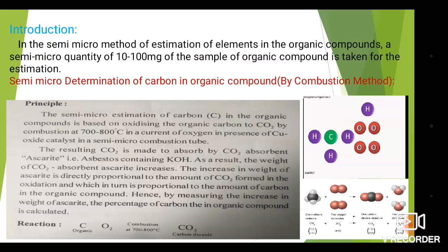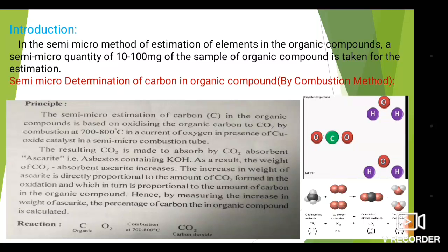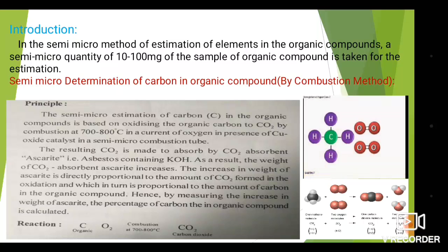As a result, the weight of the CO2 absorbent ascarite increases after the absorption of carbon dioxide. The amount of CO2 formed due to the combustion of carbon determines how much the weight of ascarite increases.